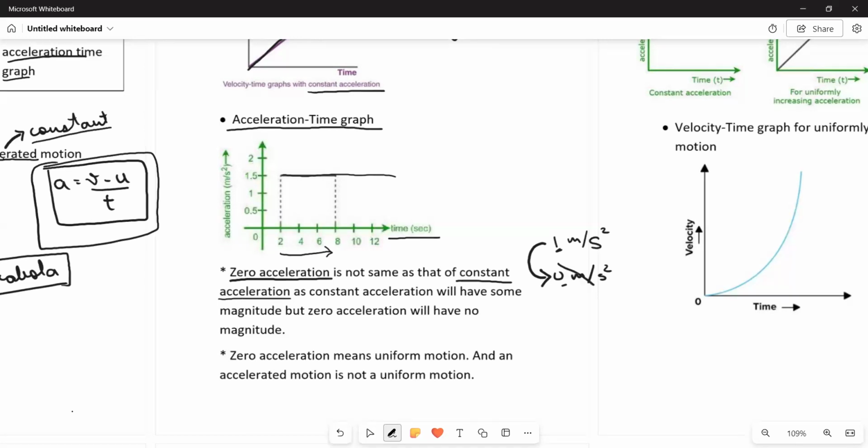Zero acceleration will not be a constant acceleration, but we can say that 1 meter per second square of acceleration throughout the motion is a constant acceleration.